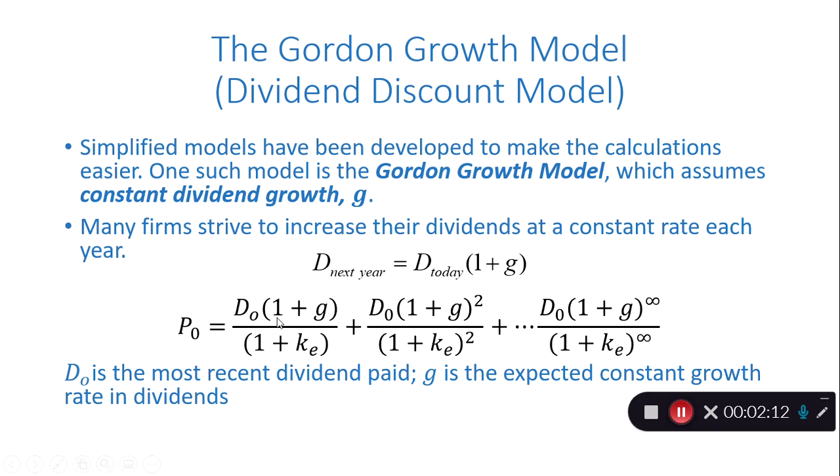So D0 times 1 plus g will be the dividend next period, discounted back by 1 plus ke. And then two periods from now, and so on, right? Until infinity.